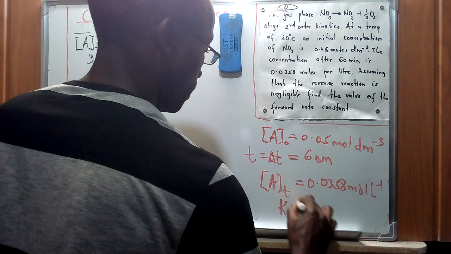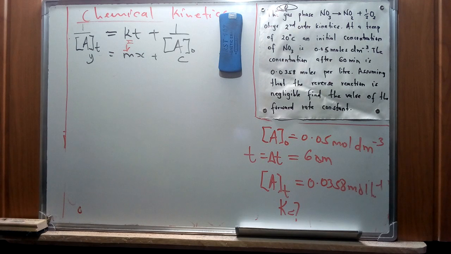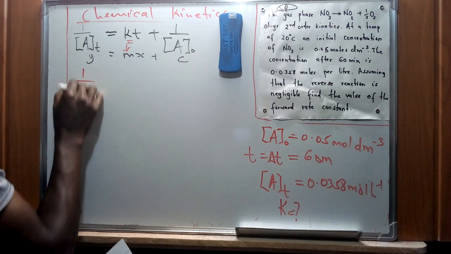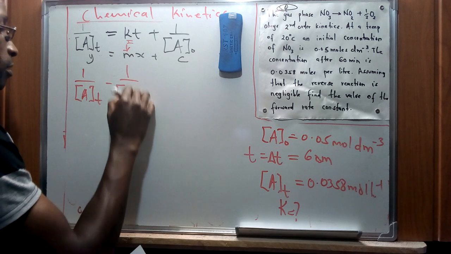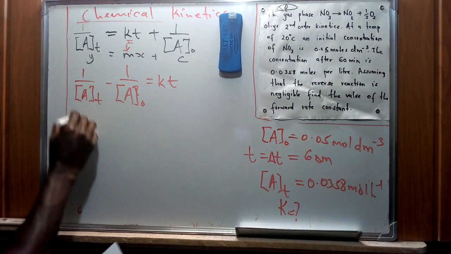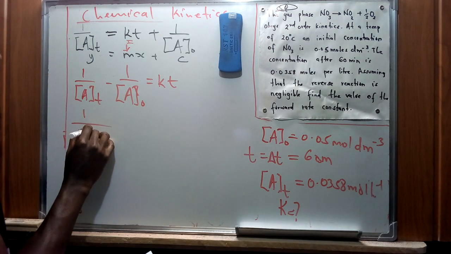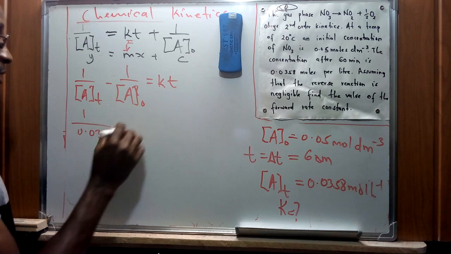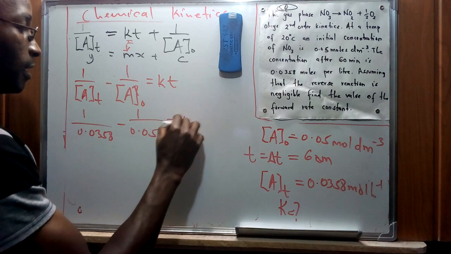So we are being requested to find the value of k, which is a slope as we said. We're just going to substitute this information in our equation by doing a rearrangement: 1 over the concentration of A at t minus 1 over the concentration of A initial equals kt. Doing a substitution, this is 1 over 0.0358 minus 1 over 0.05 equals kt.